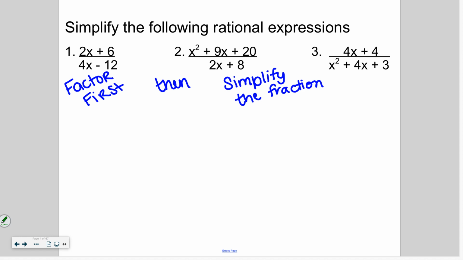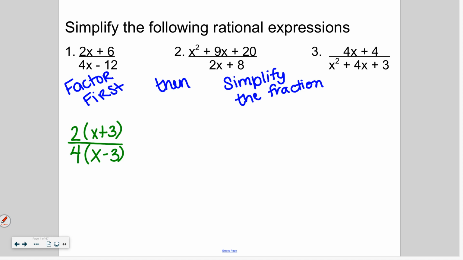So on the first one, we factor the top. We have a 2 we could take out. So we're left with x plus 3. Then we can do the same thing for the bottom. So 4 and 12, we can take out a 4, x minus 3. Now we can simplify. Now to be able to simplify, whatever you're simplifying out has to match.